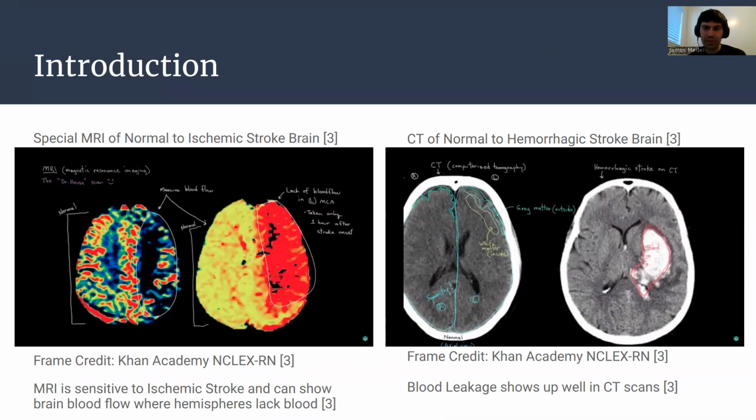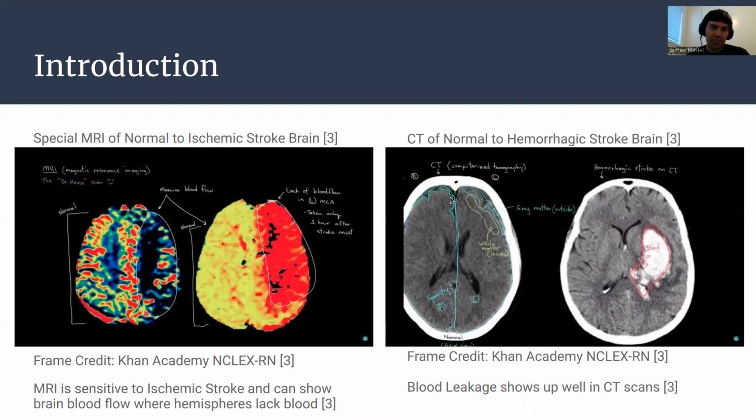On the right side, we have an example of a CT scan with a healthy, normal brain on the left, and on the right side, a hemorrhagic stroke brain. The nice thing about CT is it shows a clear region for what looks like blood leakage, right? And from Khan Academy, they did a nice job of adding some annotation, where they drew around that region for the blood.